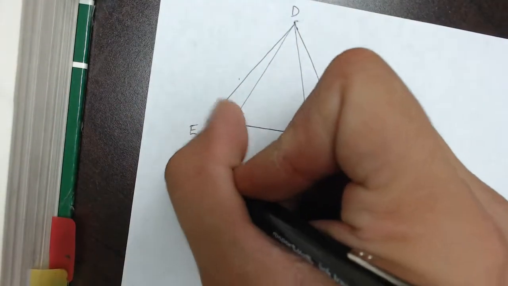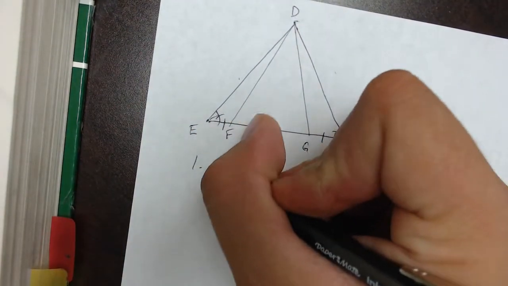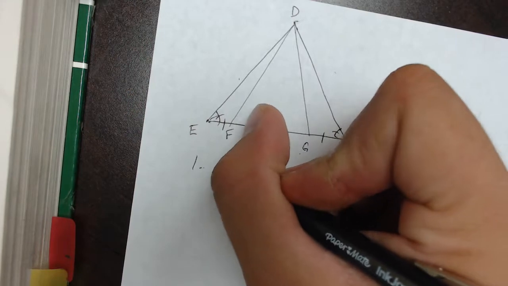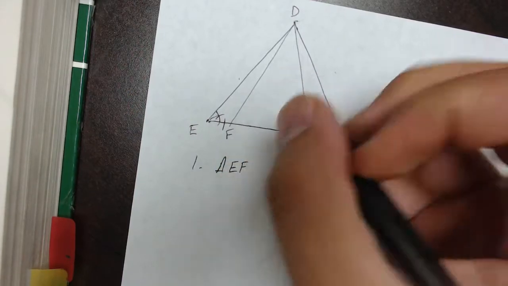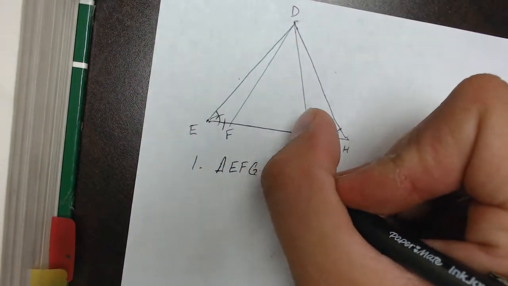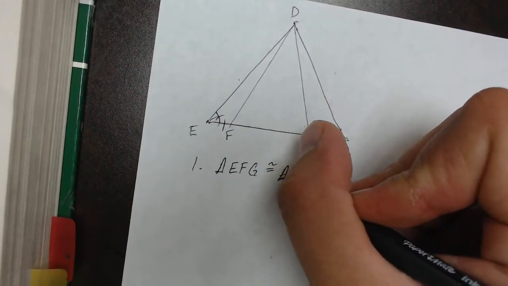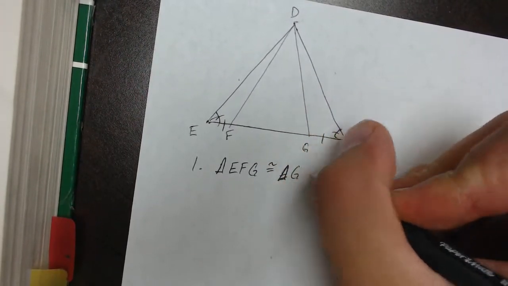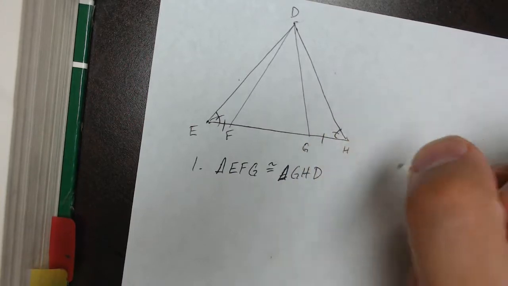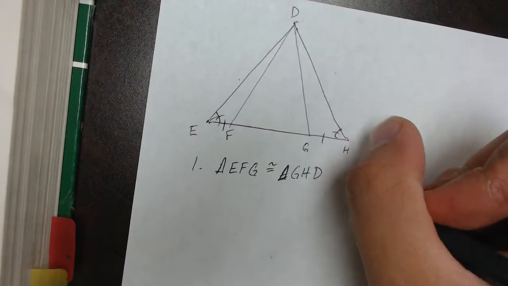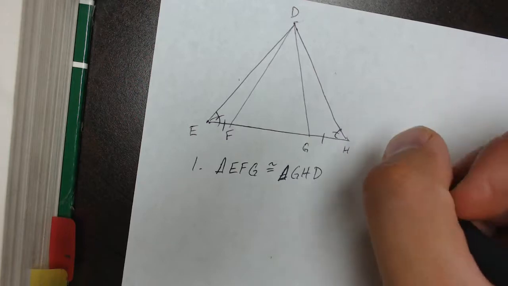So for my first line, I'm going to put triangle EFG equal and congruent to triangle GHD, and that's going to be through side, angle, side.